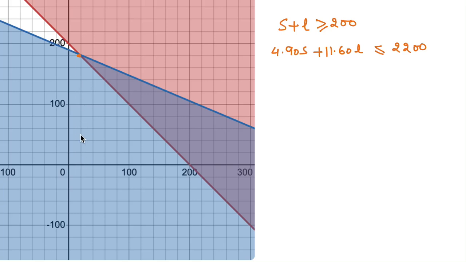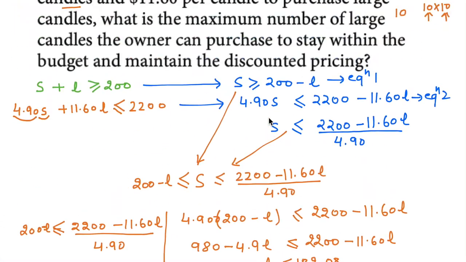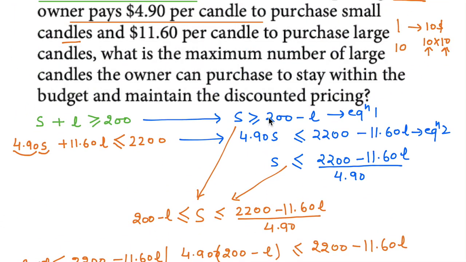Because here I have to paste the picture, if you zoom the graph on Desmos a little bit, you will find that this point is 182.08. And because L has to be less than this, L is equal to 182. So 182 large candles is what he should purchase to stay within the budget and maintain the discounted pricing.